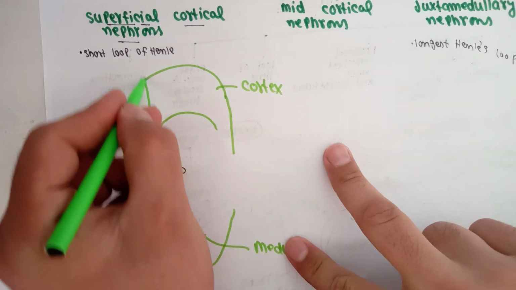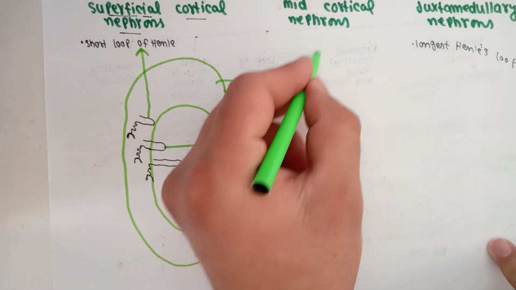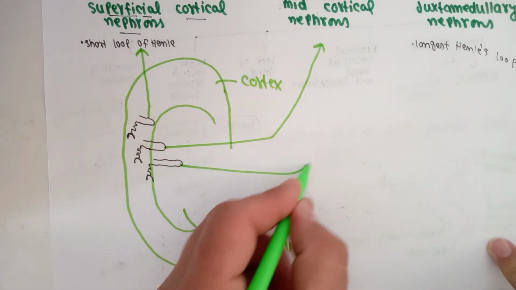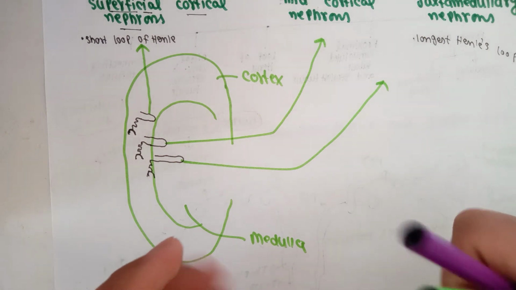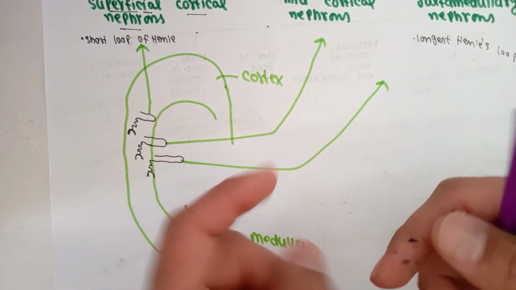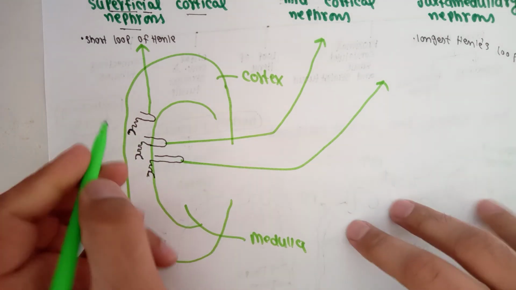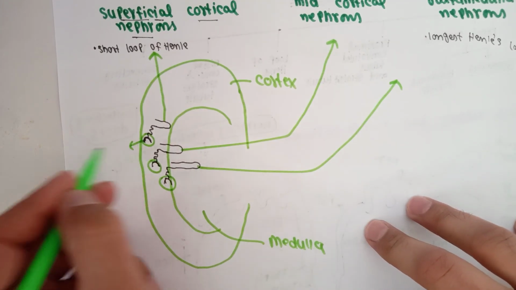This is the superficial cortical nephron, this is the mid-cortical nephron, and this is the juxtamedullary nephron. So this is the classification of nephrons on the basis of the location of their renal corpuscle. The renal corpuscle is located in this region, and this region. These are the renal corpuscles.